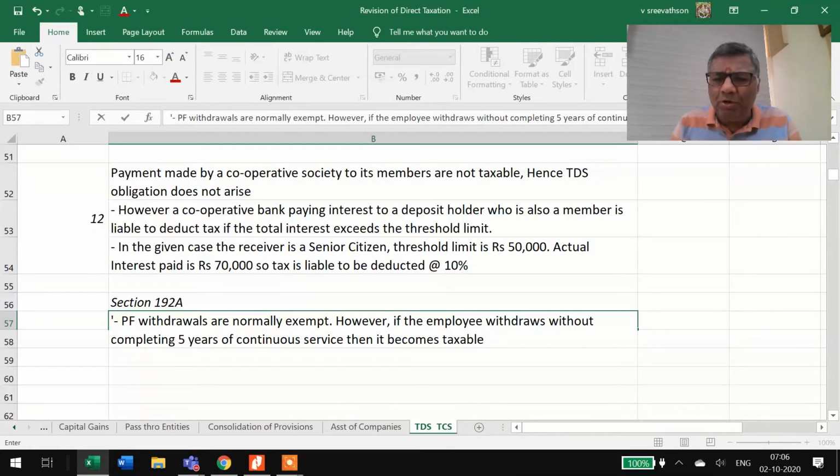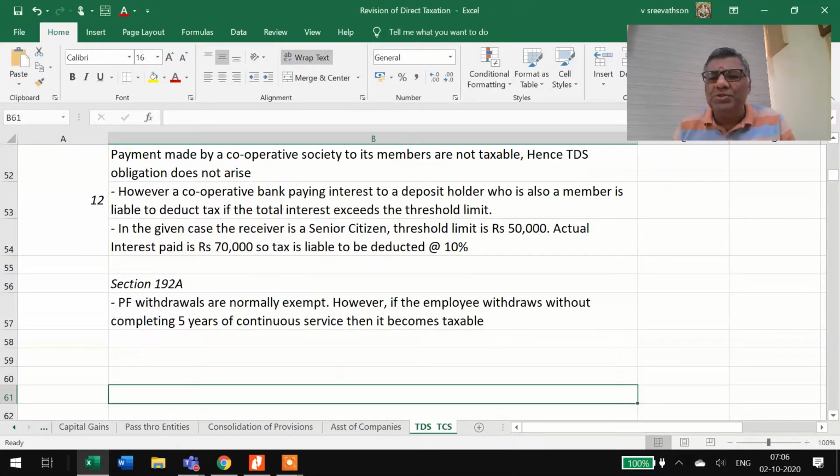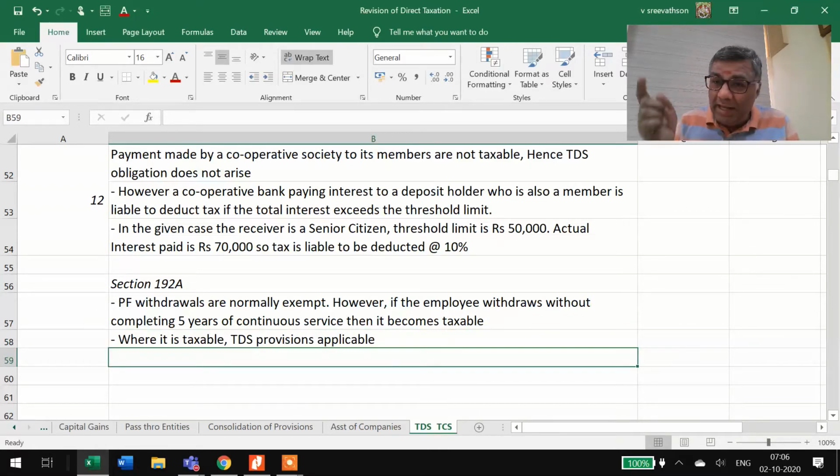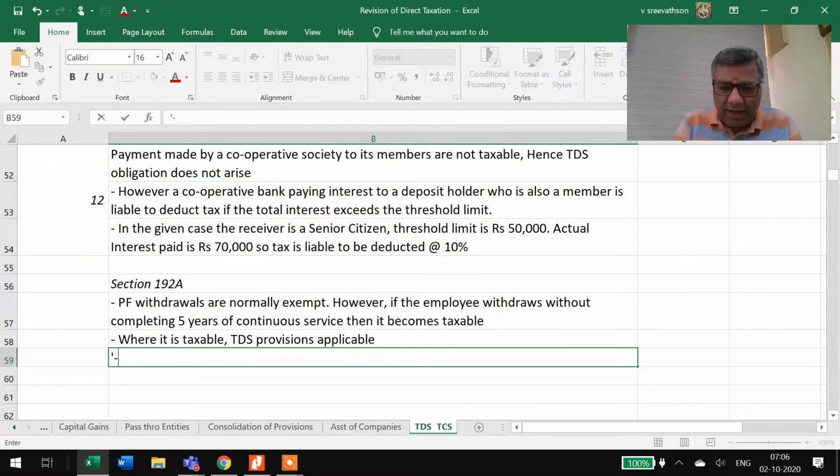Who will know? Only the PF department knows. So where it is taxable, TDS provisions are applicable. Only if it is taxable, TDS provisions are applicable. That is, the PF department will deduct.